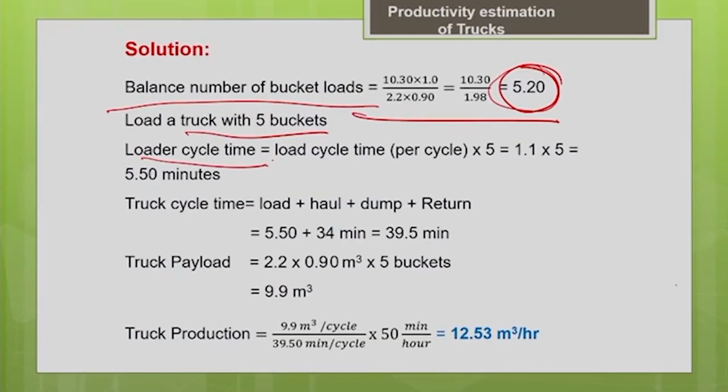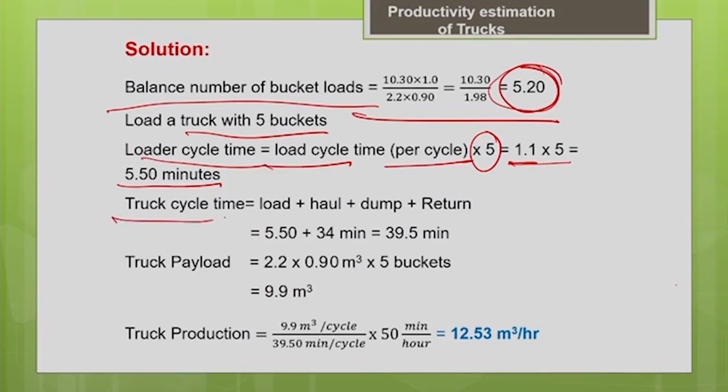Okay. Now, how to find the loader cycle time to fill the truck? It depends upon the number of the bucket loads, that is 5 multiplied by the cycle time of the bucket per cycle. It is given as 1.1. So, 1.1 into 5 gives you 5.5 minutes as the loader cycle time to load the truck.